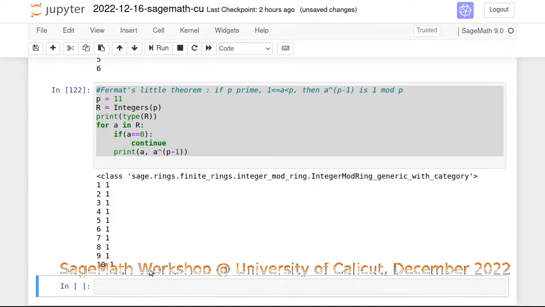So the power mod ring command is also there for us to try. For example, let us try 2.